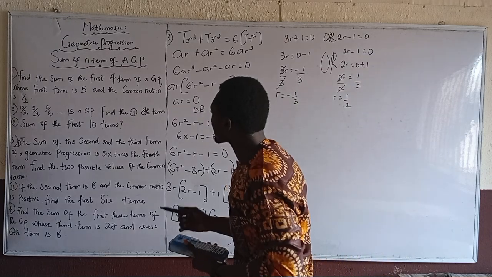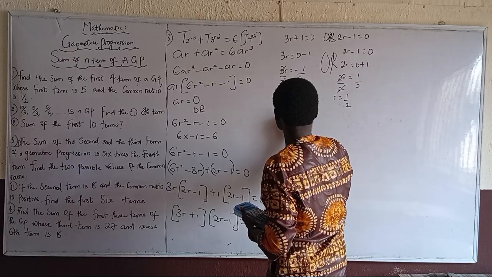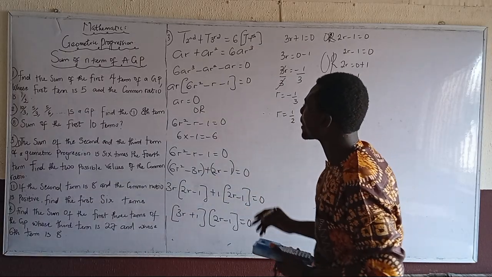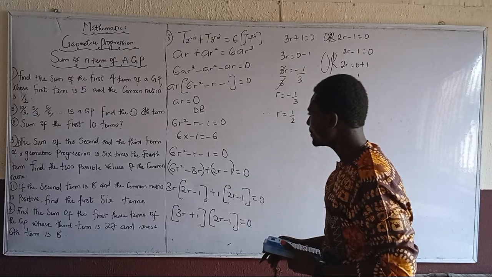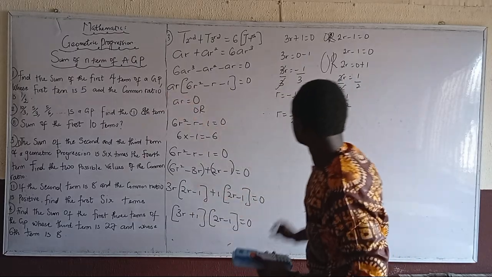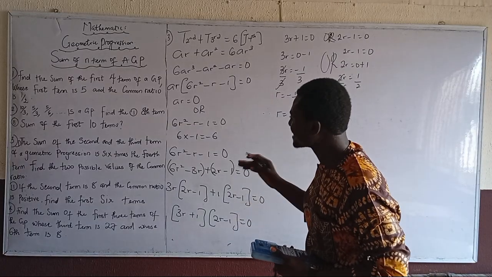So they said, so my common ratio is R. That is 1 over 2. Then they said if the second term is 8 and the common ratio is positive, which is this, find the first 6 terms.